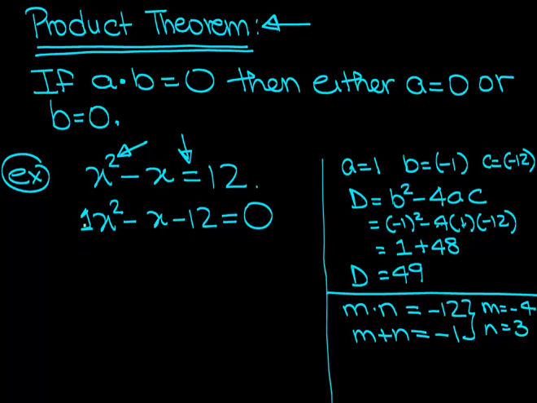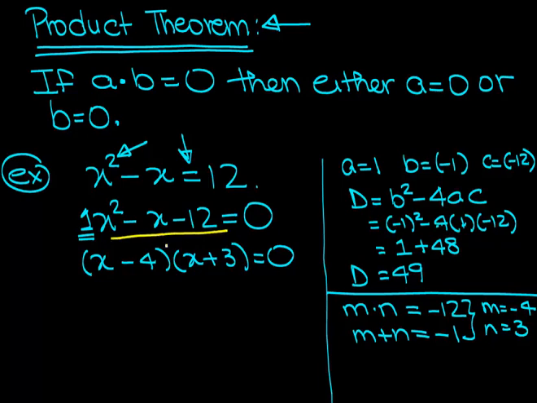So now that I found the two numbers, since the leading coefficient is 1, I can just break it down into x minus 4 times x plus 3 is equal to 0. So now we can see we factored this. As soon as we factor this, we've written it as a product. Now that this product is 0, according to the product theorem, either a is 0 or b is 0.